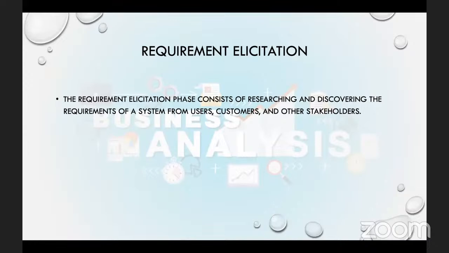Now, requirement elicitation. Now, there are stakeholders, right? There are key or functional areas that what we are building, there's going to be that impact, maximum impact. They will have that kind of impact, right? So requirement elicitation is a phase that consists of researching and discovering the requirement of the system from the users, customers, and stakeholders. So this is what we want to build.